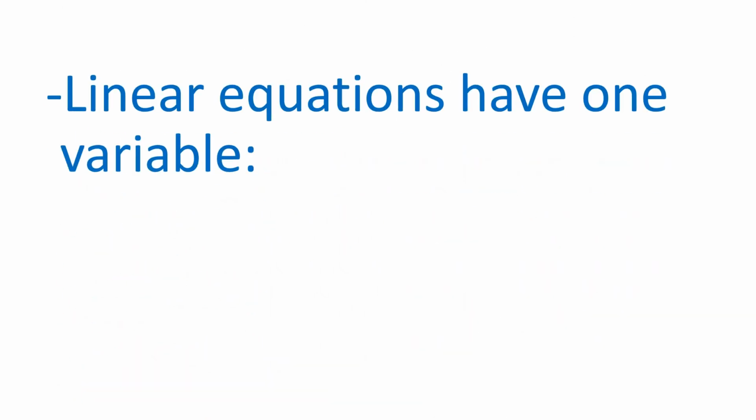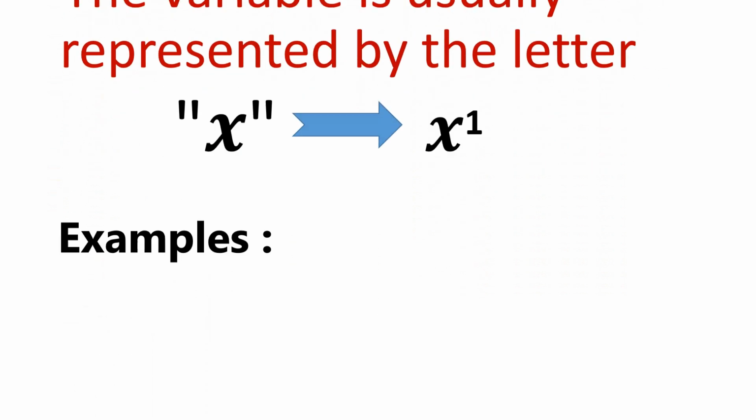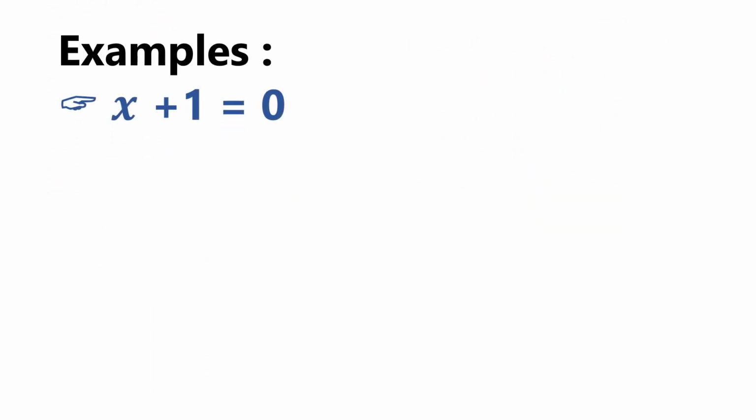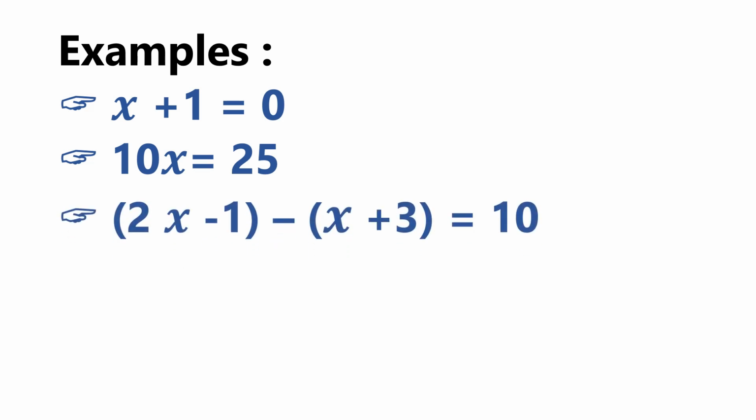Linear equations have only one variable. It is usually represented by the letter x, and this variable is raised to the power of 1 or first degree. Examples are x plus 1 equals 0, 10x equals 25, 2x minus 1, minus x plus 3, equals 10.